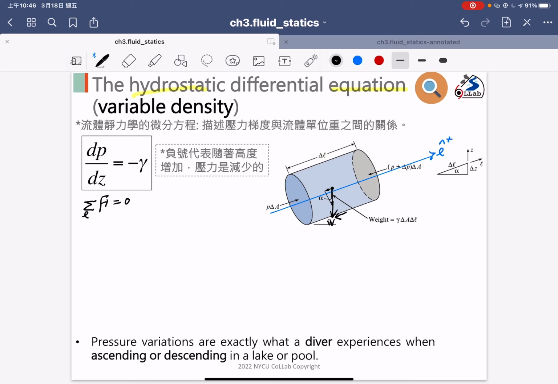So this is the projected force from the weight Fw, and the direction is the negative arrow direction.